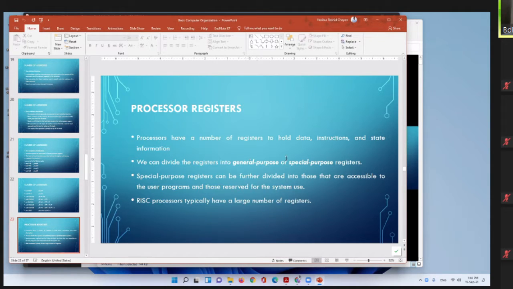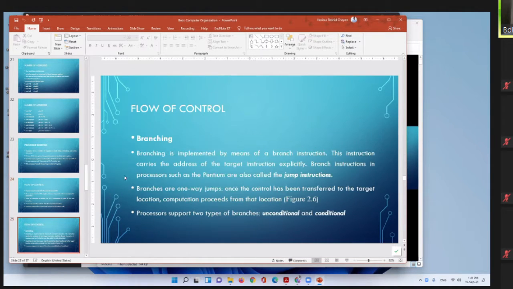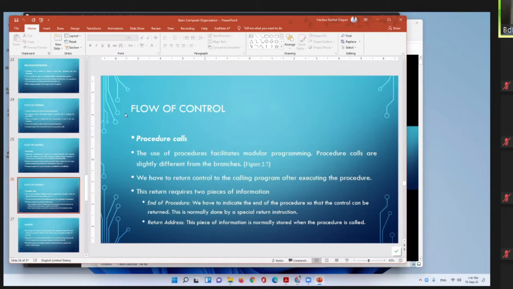Okay, after that, we have discussed flow of control. So we have two types of flow of control: branching, where we actually jump, conditional and unconditional, and another one is the procedure call. With a procedure call, you are doing something, and then in the process, suddenly you go to another process, finish that task, and come back again.